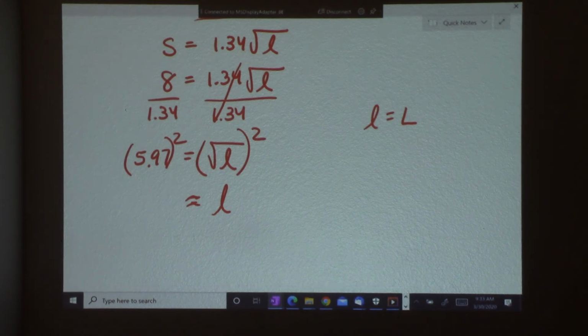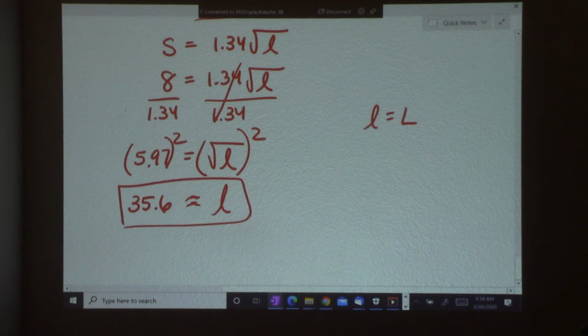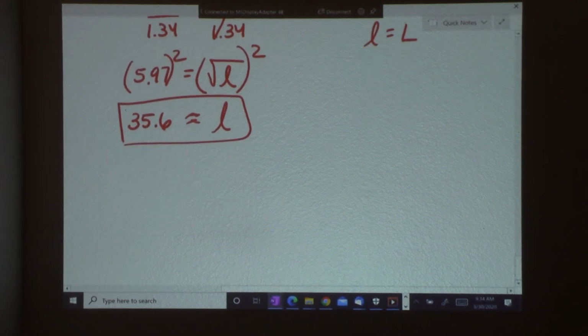And I get 35.6. So the speed of the sailboat was 8 nautical miles per hour, and then you can know that the length of the water line is 35.6 feet.